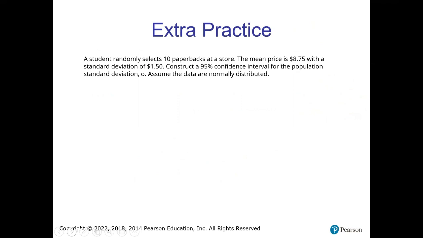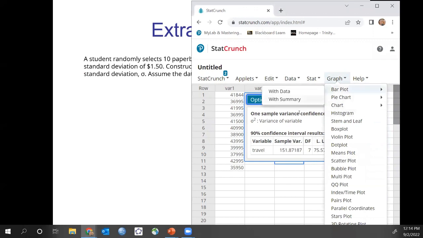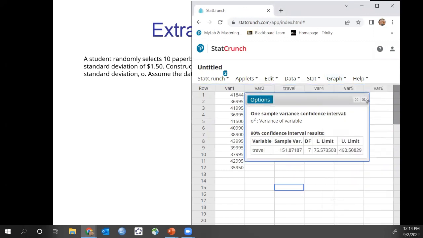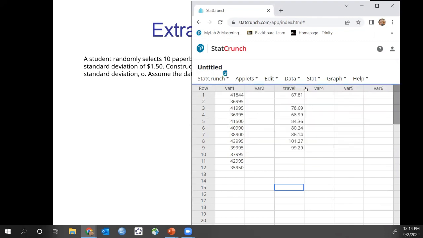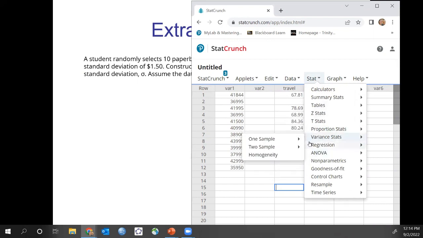We are going to assume that the data is normally distributed so that we can run our test here. Standard deviation tells us we're going to go to variance stats. One sample, and this time I have a summary.